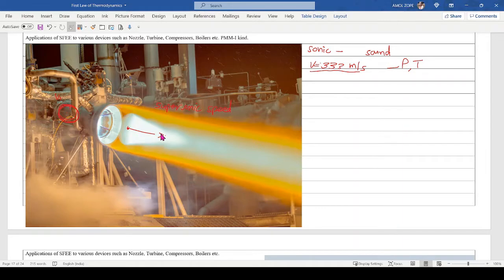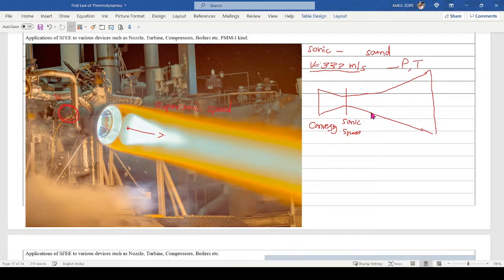So for a supersonic speed, the nozzle shape becomes like this. Initially the cross sectional area gradually decreases, later on it will increase. So this is the representation of a nozzle. Maybe up to the sonic speed, the nozzle is converging.